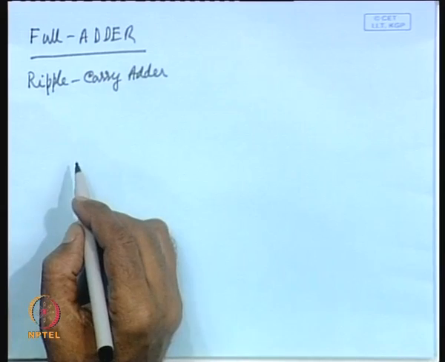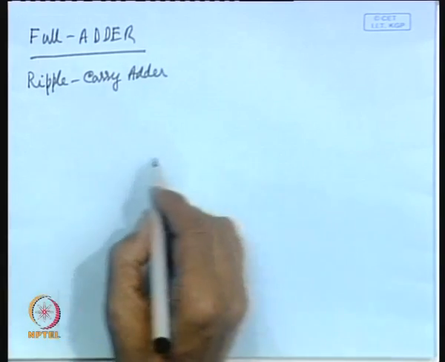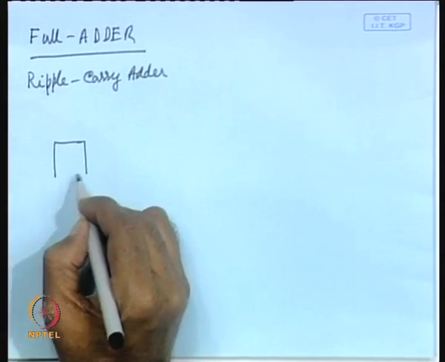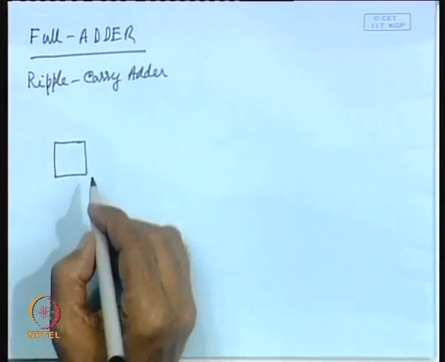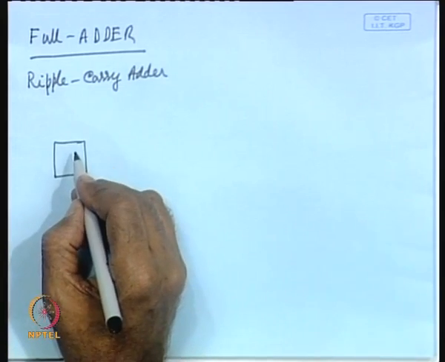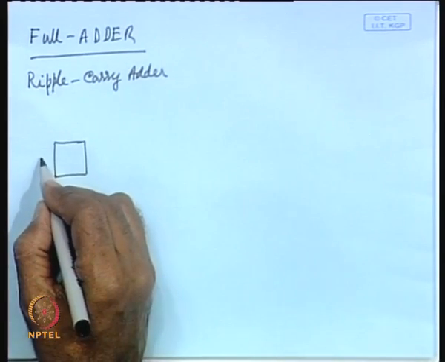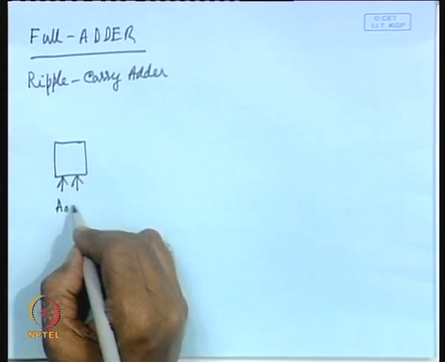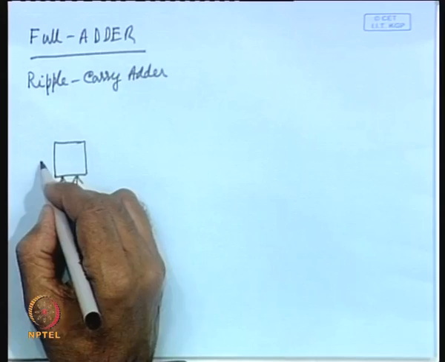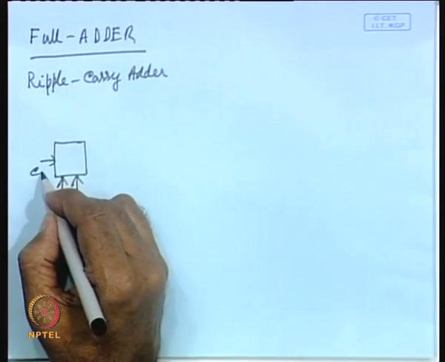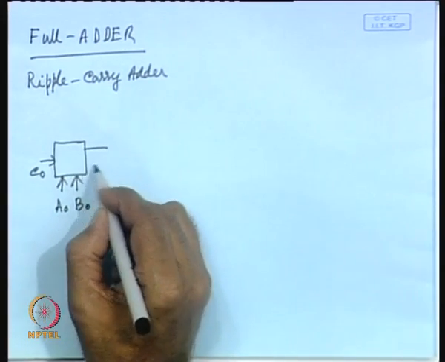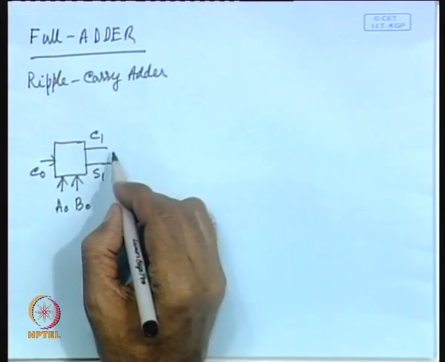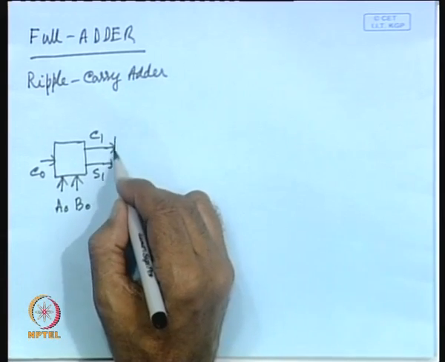What you do in ripple carry adder, say you apply some input A0, B0, here you are applying input C0, and it produces sum and carry C1, and that goes to the next stage.